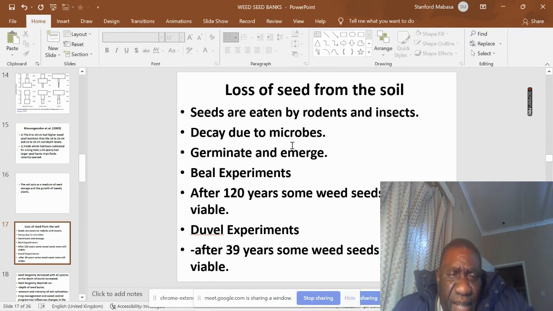In the Duvel experiments, some may stay for 39 years and they would still be viable. But of course, these seeds may decay, or they may germinate, or they may be eaten by rodents.